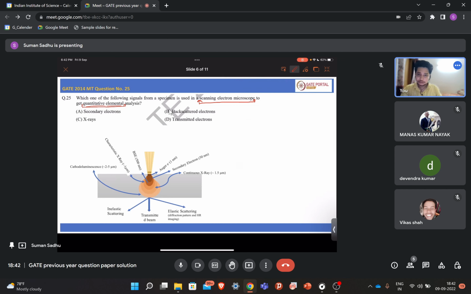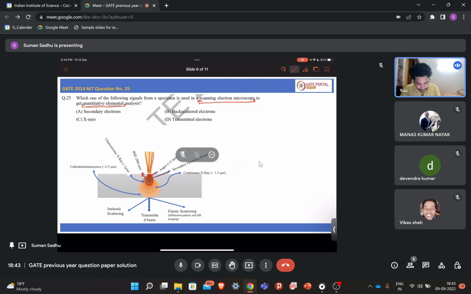This diagram shows the different signals that are generated. These are the beam electrons falling on the sample and interacting. From this small layer Auger electrons are generated, then up to this layer secondary electrons are generated, then up to this layer backscattered electrons are generated.